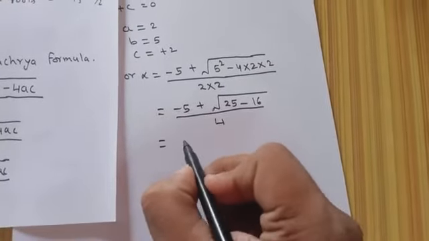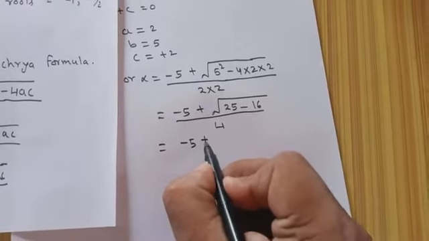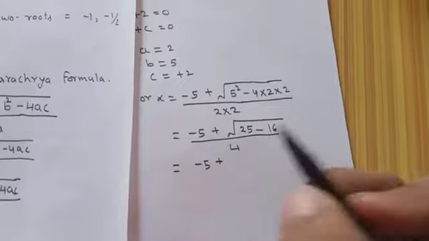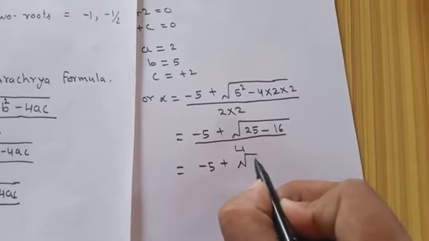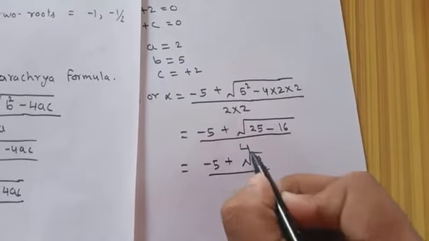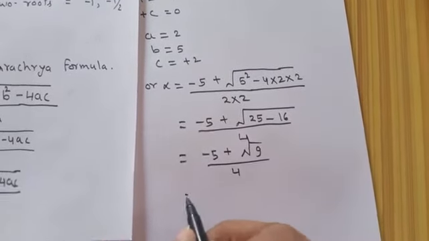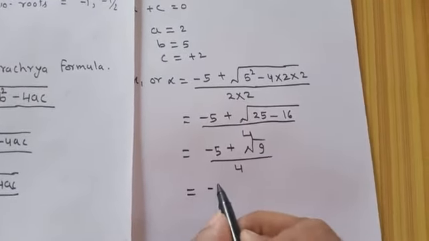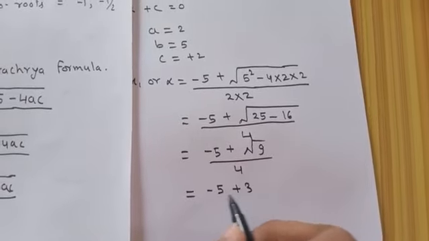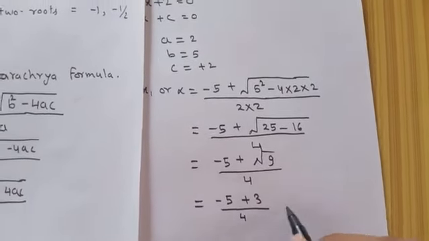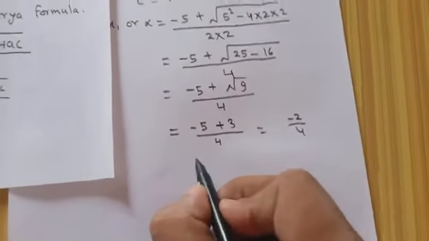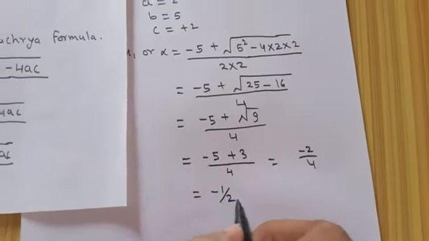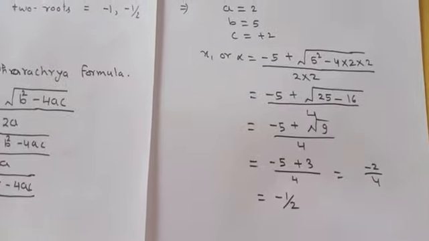So minus 5 plus, taking the difference, we get 9 under root, by 4. Further solving, minus 5 plus 3 by 4. The difference is minus 2 by 4. So finally we get the answer minus 1 by 2.